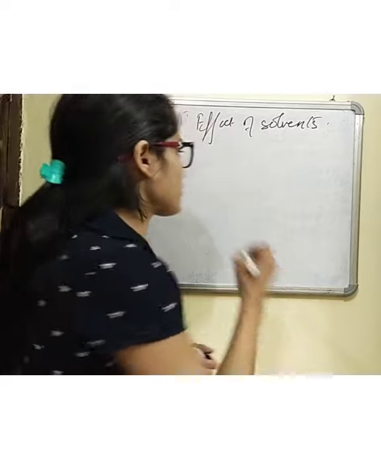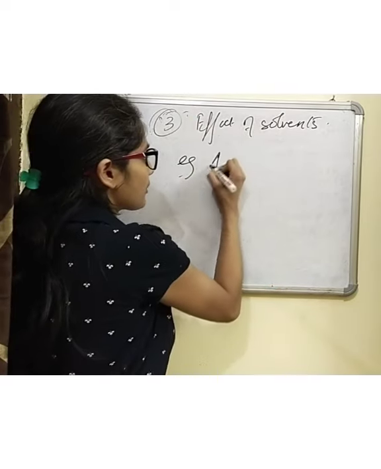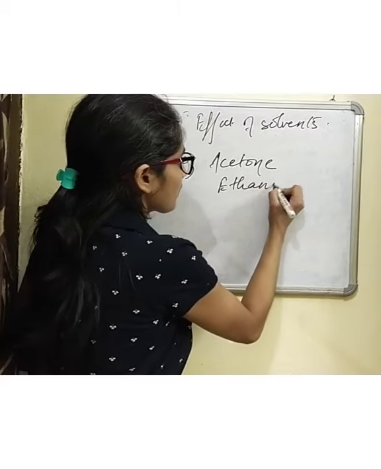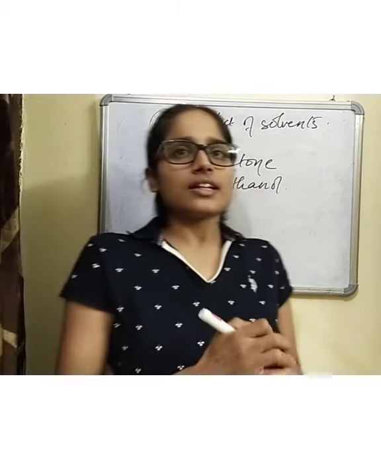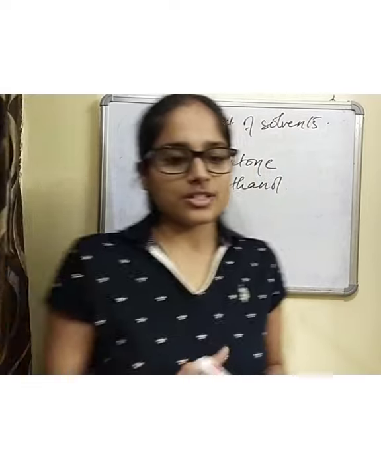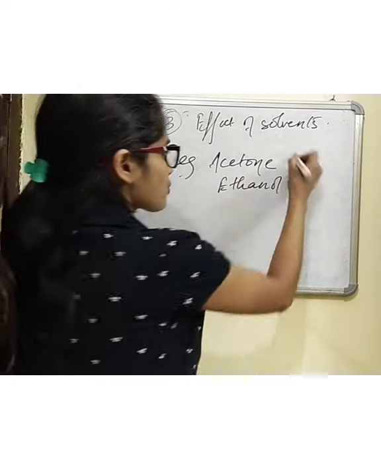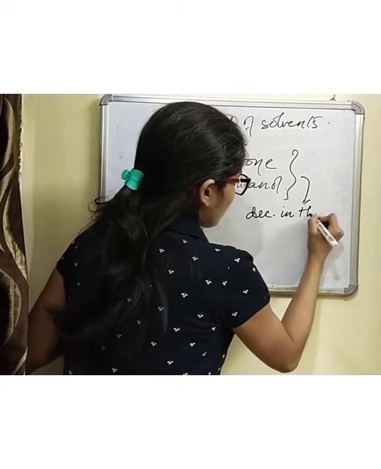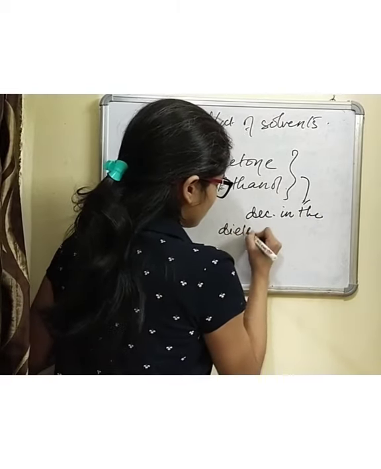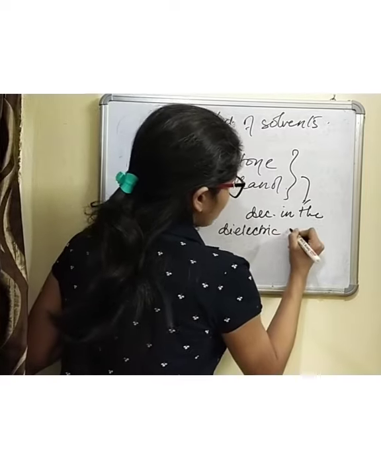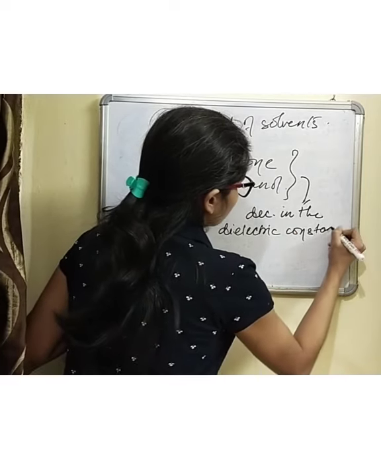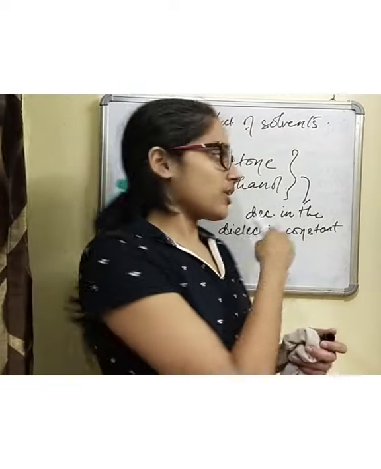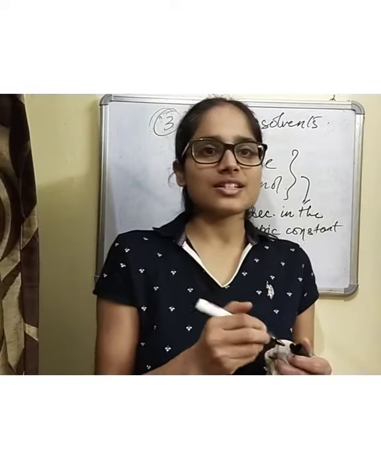Organic solvents, for example acetone or ethanol, cause a decrease in the dielectric constant of the aqueous solution. And then what happens if the dielectric constant is reduced?